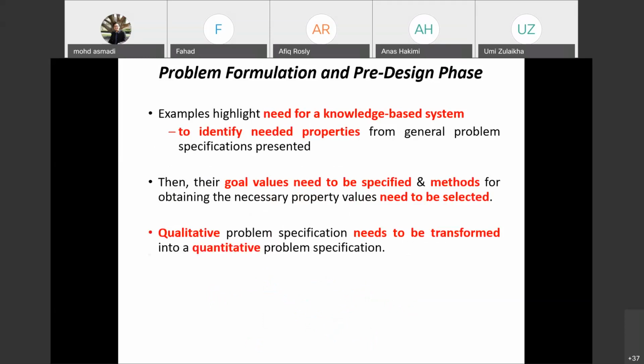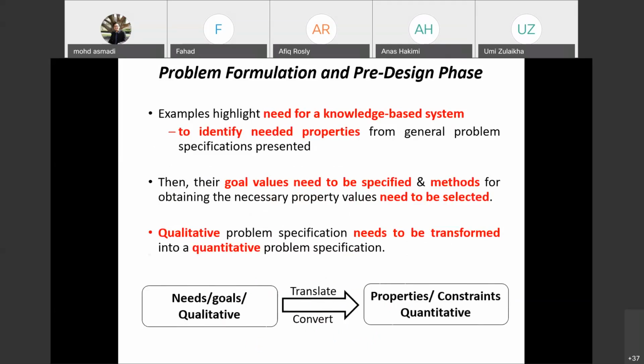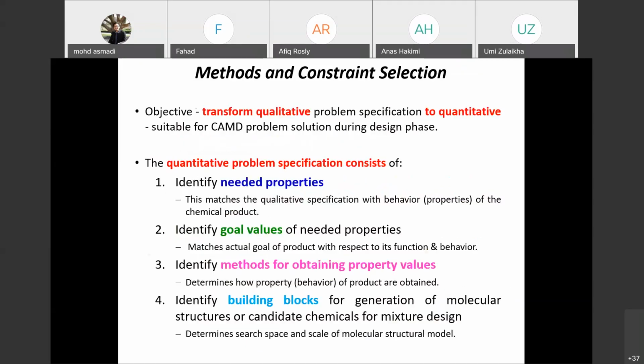And then the qualitative problem must be transformed to quantitative problem specifications. So what we need is the needs, goal, and qualitative. We need to translate or convert into the quantitative properties as well as constraints. So method and constraint selections. We and the objective will transform qualitative to quantitative specifications by using the CAMD problem.